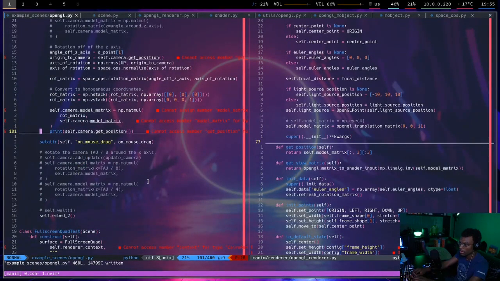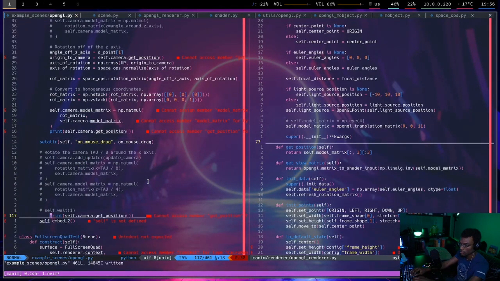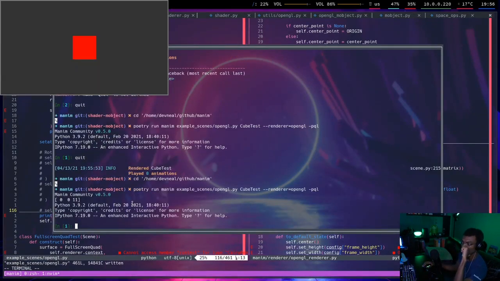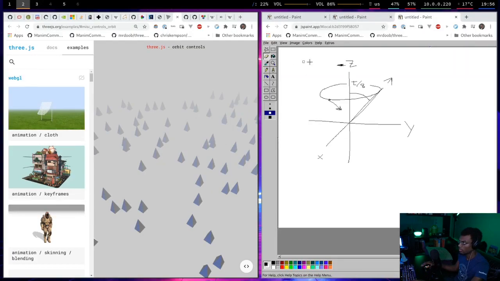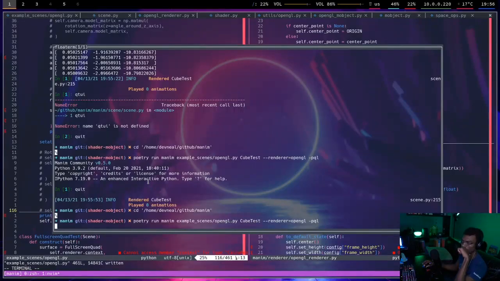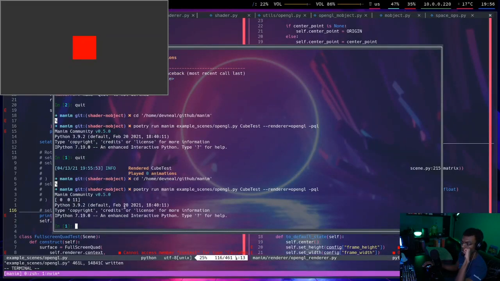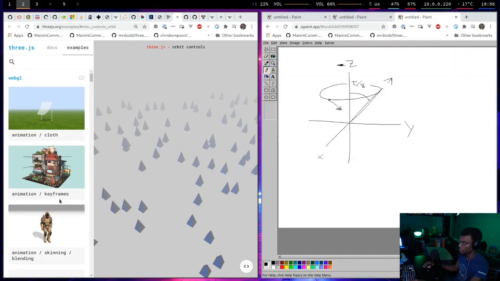No, that's only on drag. I'll just print it here. This is what I expect. The camera's position is 0, 0, positive z.